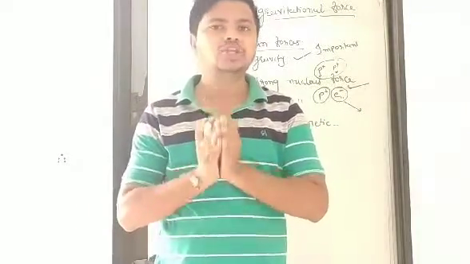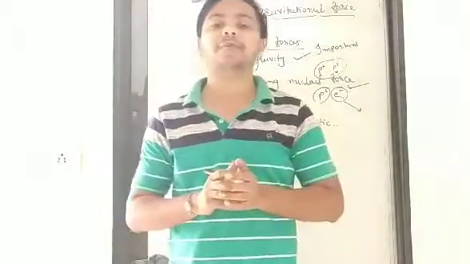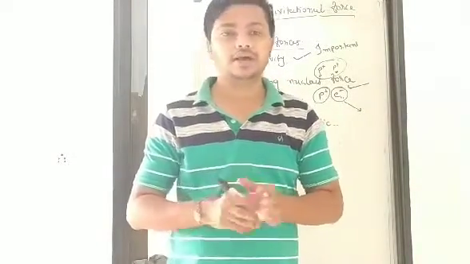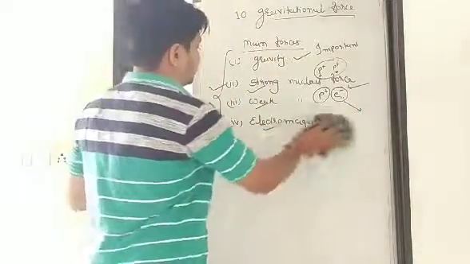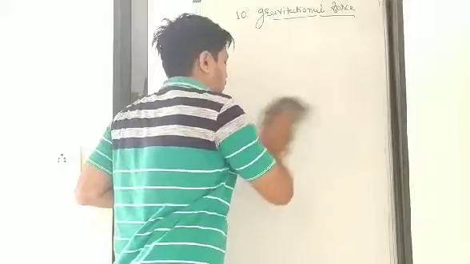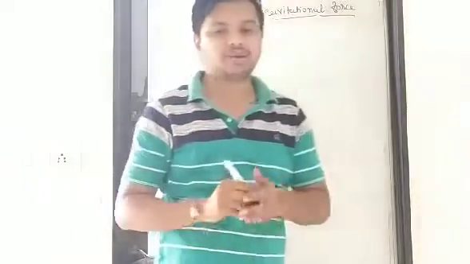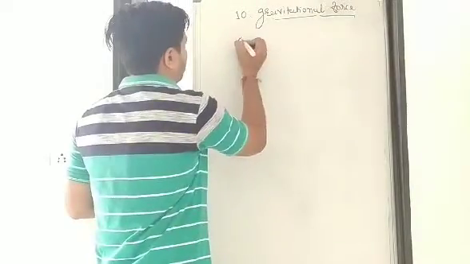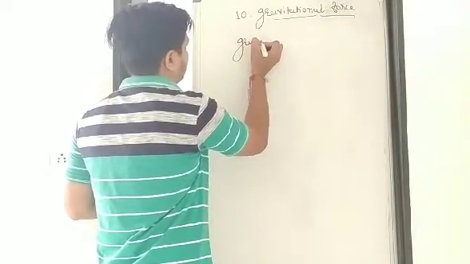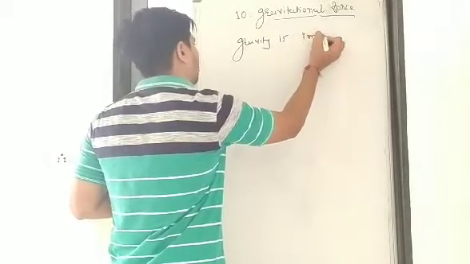And every object in the universe applies gravitational force on the others. So what is gravitational force, and from where does it originate? As you know, the gravitational force is the most important force. Gravity is important.